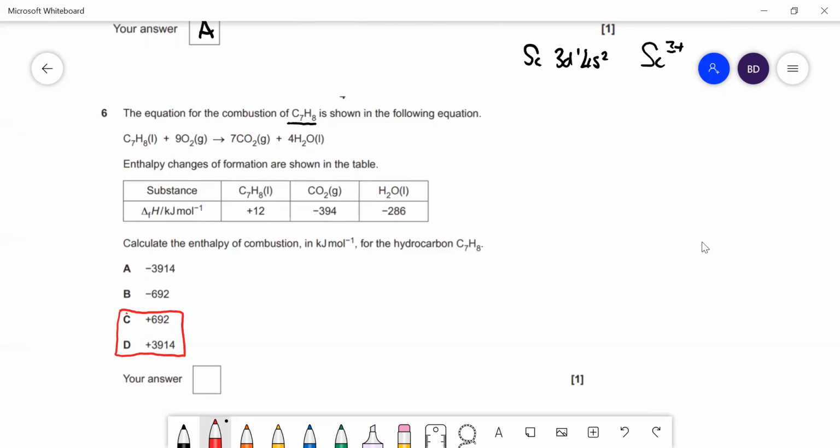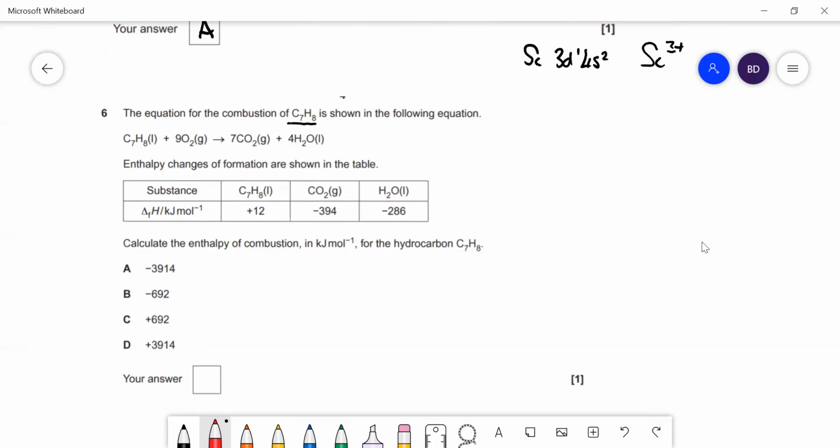You probably know that for methane, delta H combustion of methane is equal to minus 890 kilojoules per mole. So B is way too small, it's got to be A. But let's do the calculation because you shouldn't really guess like that, I suppose. Right, so how are we going to do that? Well, we're given delta HF values.